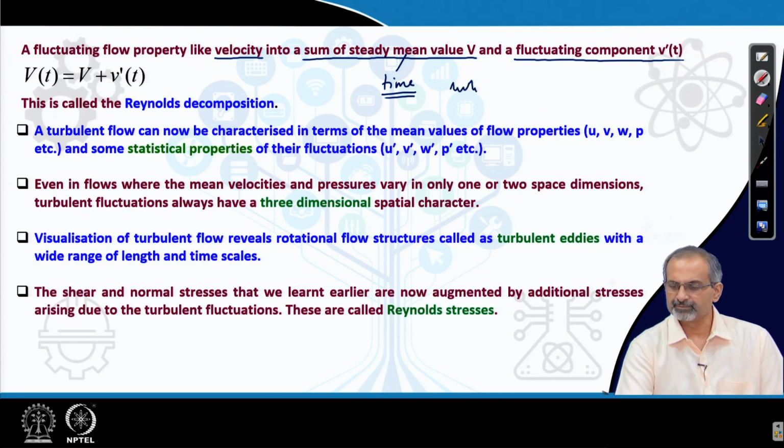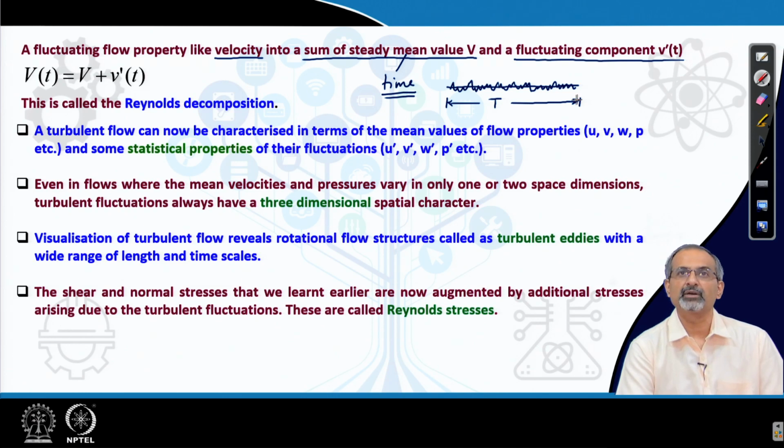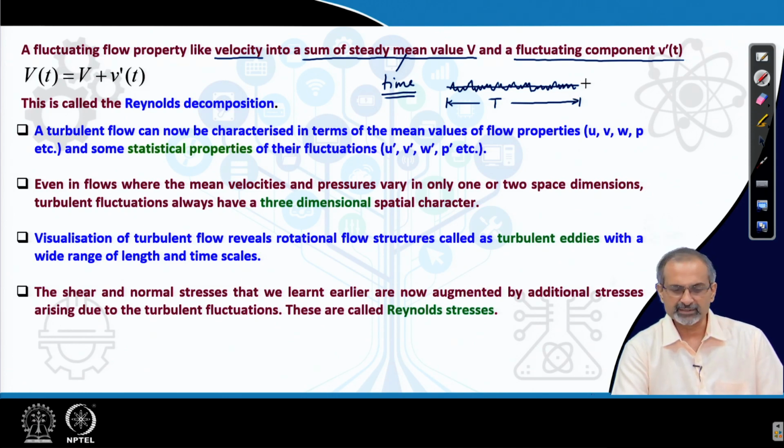Typically, if you are looking at a turbulent velocity field by inserting a probe into the field and trying to measure it, then this is how it may look. Once you acquire this data for a considerable time period, this is your time window over which you acquire it, you average it, then what you come up with is this capital V, often expressed with an overbar.